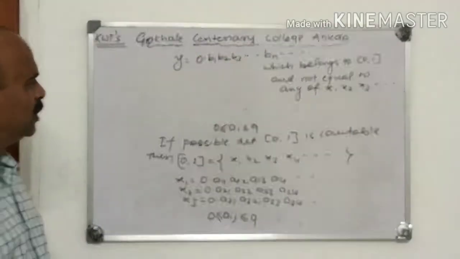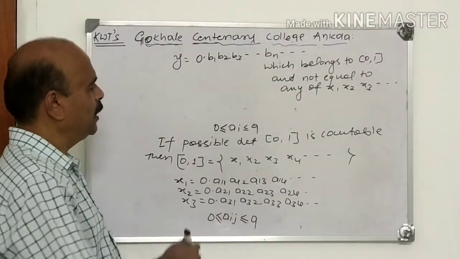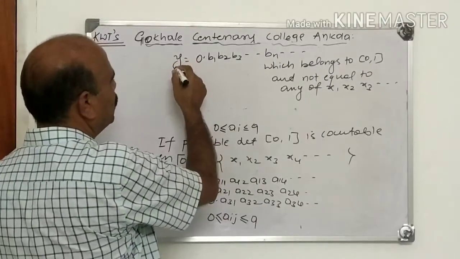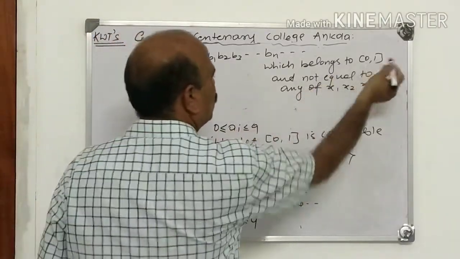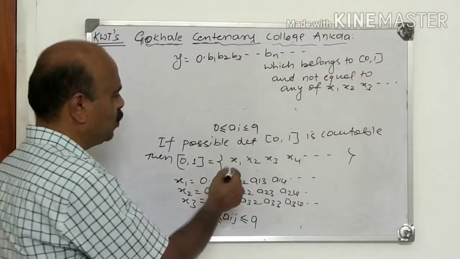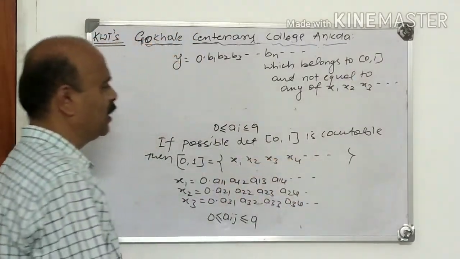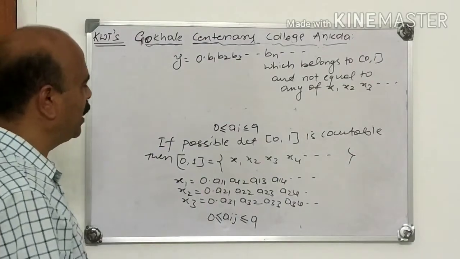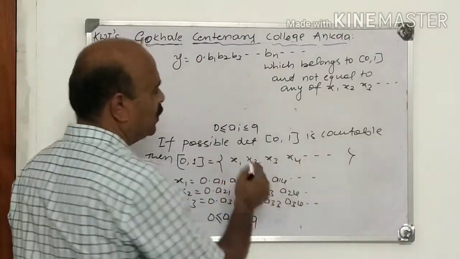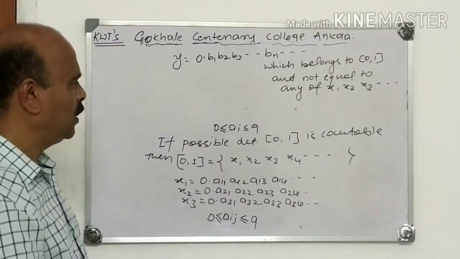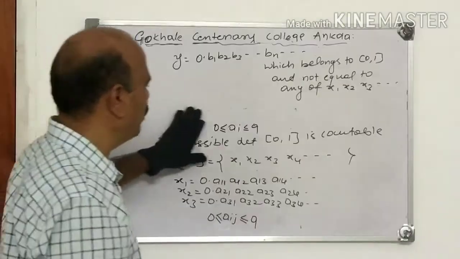That is, we can find another element y which lies between 0 and 1 but is not equal to any one of these x1, x2, x3, x4. Then what happens? Our assumption is wrong. That 0 1 consists of only these elements is wrong. Therefore, it is not countable.